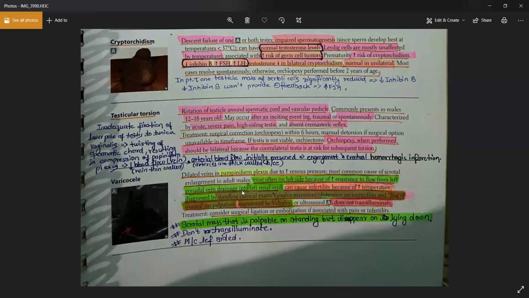Now tell me, is this condition more profound when the patient is standing or when the patient is lying down? Standing, because of gravity. Whenever you are standing, the blood has to be drained against gravity. But when you are lying down, you don't need to perform any work against gravity.